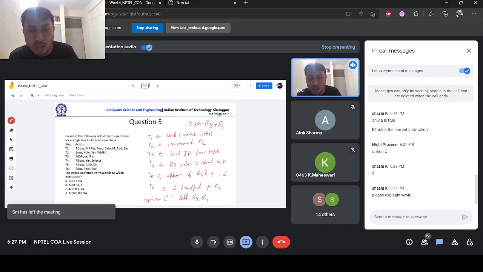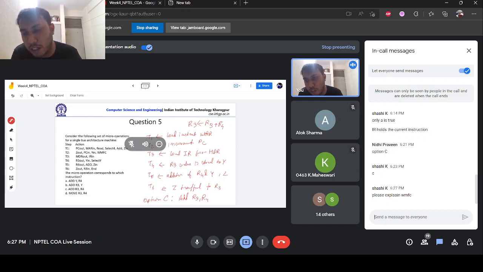It's kind of a control signal, nothing more. If you go through the lectures, it has been given how it performs and works. It's nothing like too much of a big deal to think about. So it's basically a control signal, like this read, select for, add, Z in.